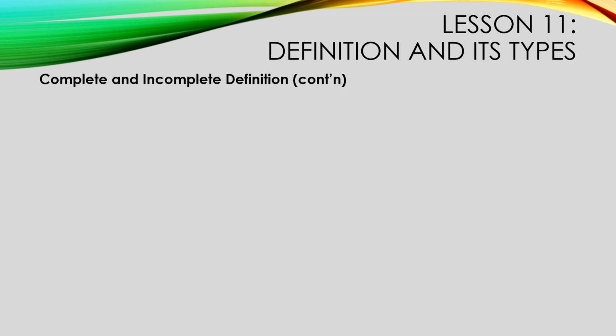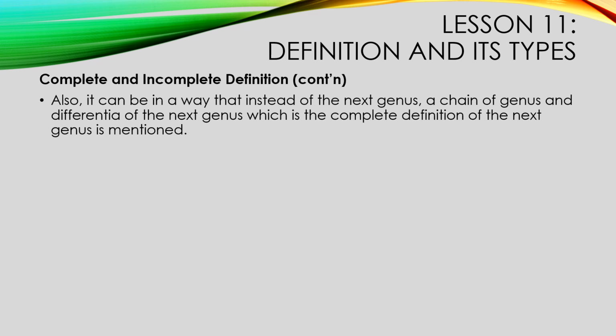Complete and incomplete definition, as a continuation of our previous slide. Also, it can be in a way that instead of the next genus, a chain of genus and differentia of the next genus, which is the complete definition of the next genus, is mentioned.